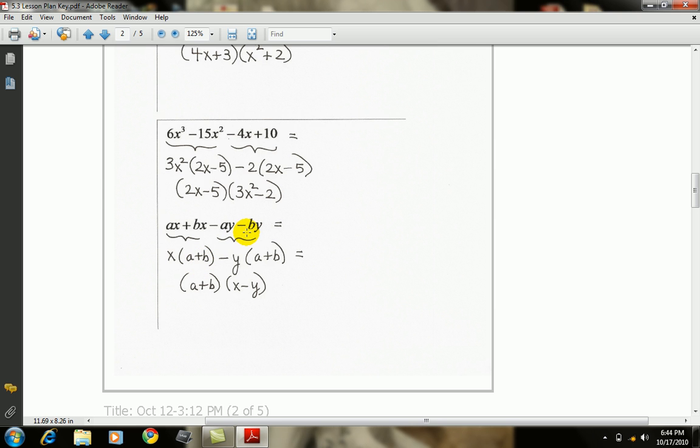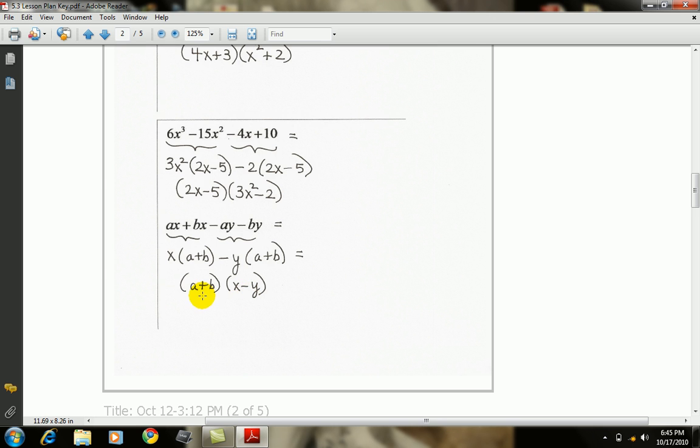Next part. The GCF looks like it's a y, but because the expression started with a negative, we make it the opposite of y. And in parens, for it to turn into what we need it to, that would be an a plus b. Now the a plus b's match. That's our greatest common factor. It goes out in front in parens. We're left over with an x minus y in the back in parens.